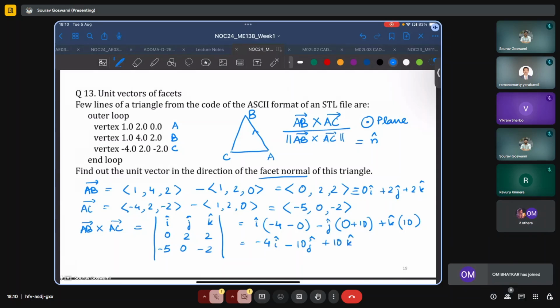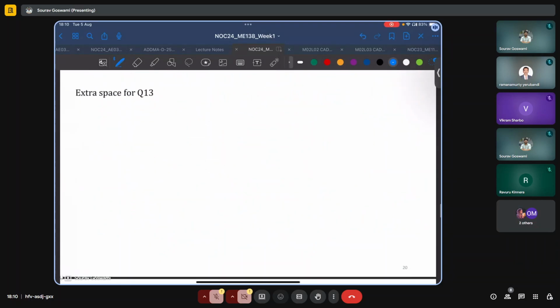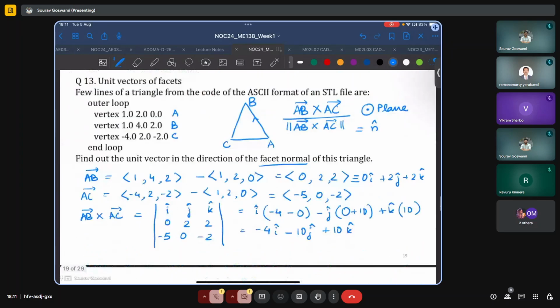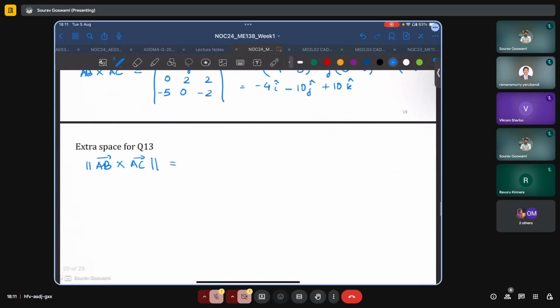This is a vector normal to the triangle or the triangular facet, but it's not a unit vector. To obtain a unit vector, we find the norm of this vector, which is simply the square root of the sum of squares of these components. So minus 4 squared plus minus 10 squared plus 10 squared.